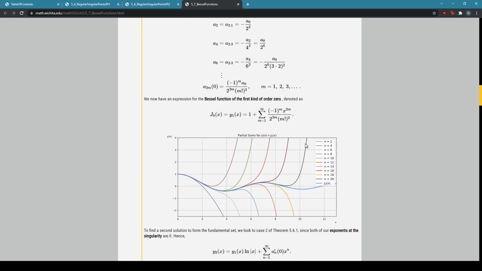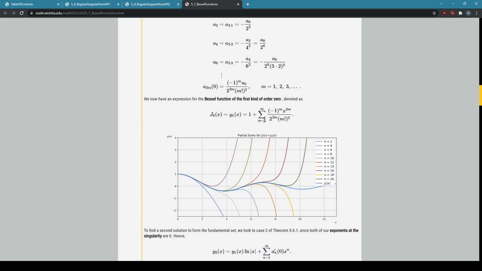And so what we can do with all of this is use this series expression here in order to construct a series of functions that does a better and better job of approximating the actual Bessel function. The Bessel function itself, you see, is the curve that follows along here.